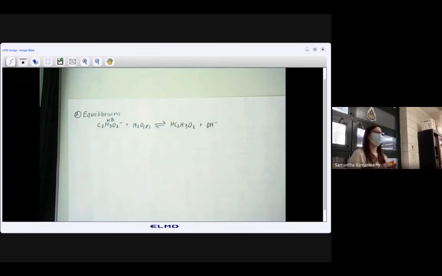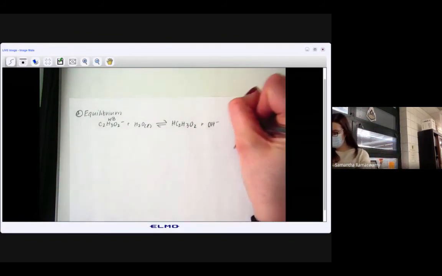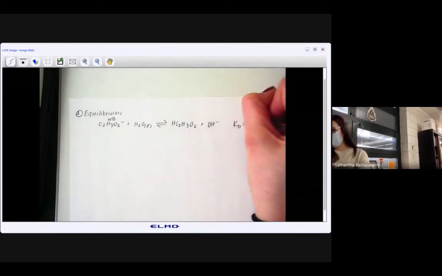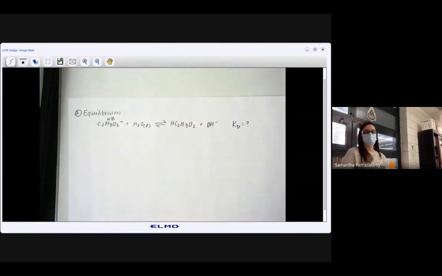Acetate is a base. When you think about the K that represents this equilibrium, this will be Kb. And so since it's acetate that is in the beaker, this is what will determine the pH.